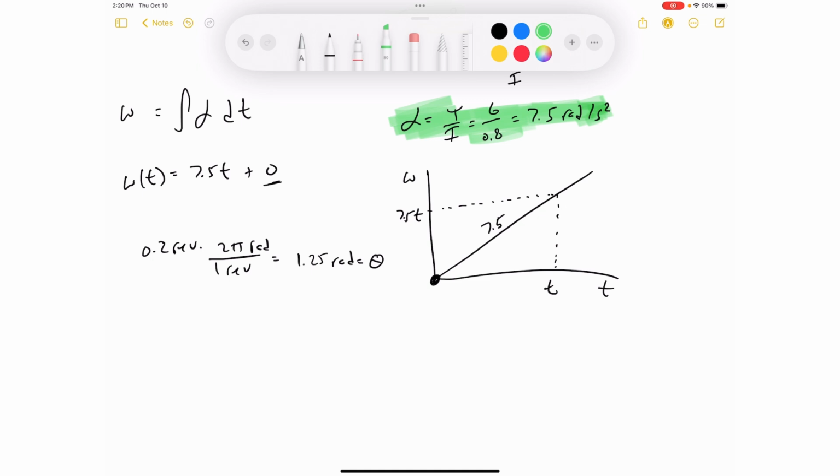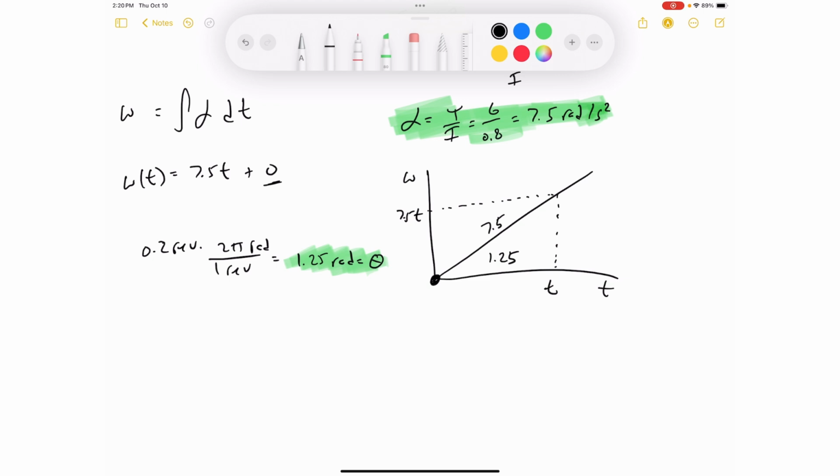So that's how far we went, 1.25 radians. Remember, this graph of omega versus time, the area under the curve is displacement. In this case it's not in meters, it's in radians, and we just got that. So this is 1.25.